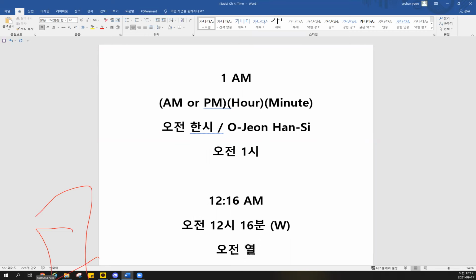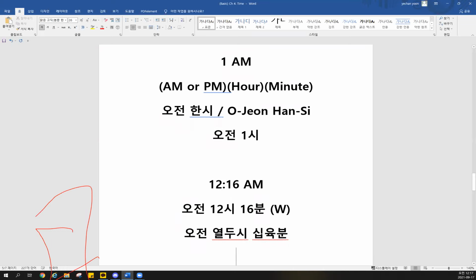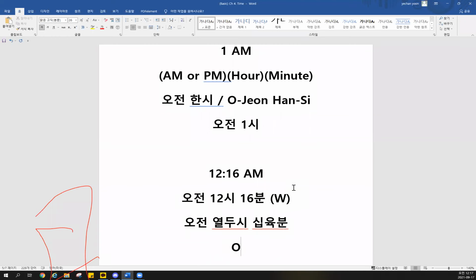오전. Please remove that note, please. 12시 16분. This is how you can do it, okay? 12시 오전 12시 16.